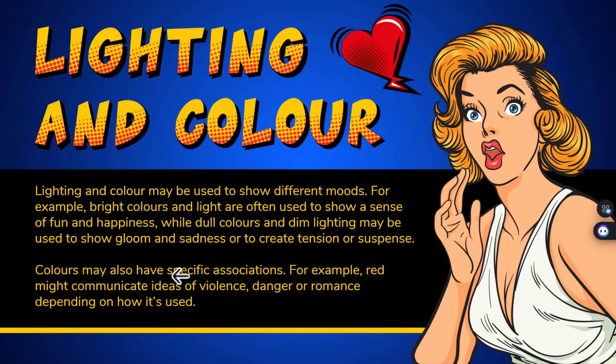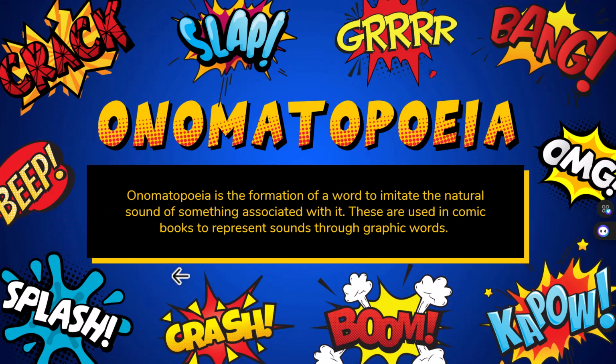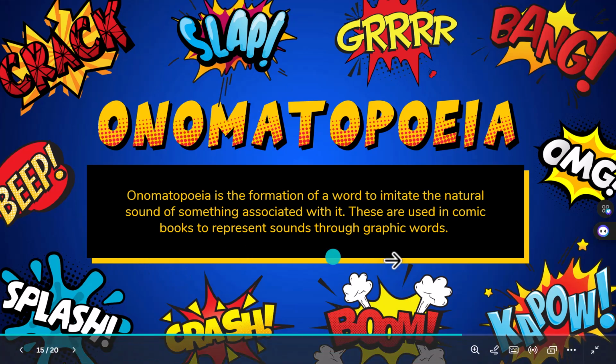So we have lighting and color, and now we have onomatopoeia. Yes, this is one of the styles. Onomatopoeia is common in comic books. Onomatopoeia is the formation of a word to imitate the natural sound of something associated with it. These are used in comic books to represent sounds through graphical words.